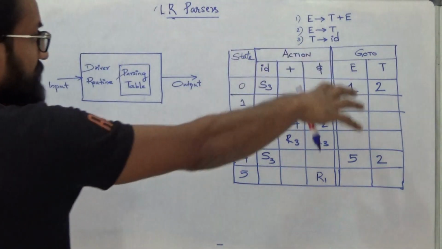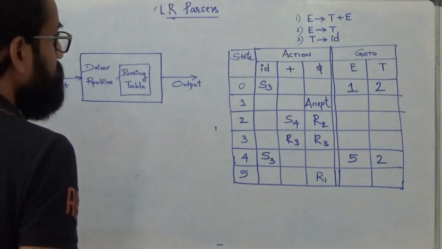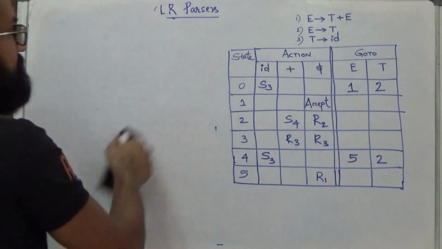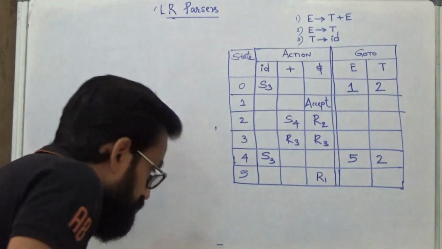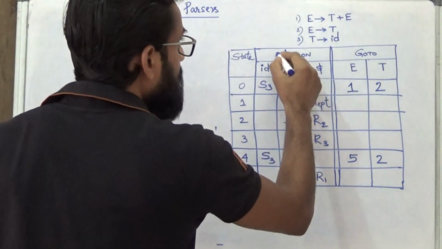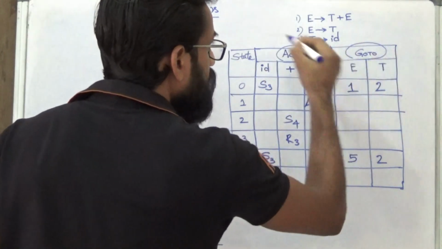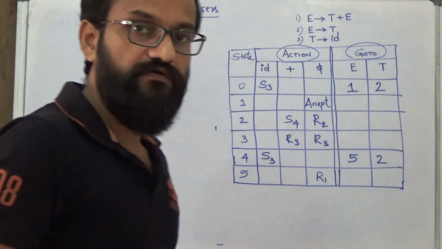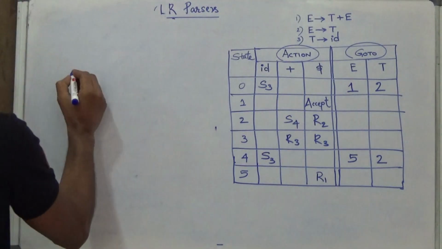This is the general structure of a parsing table corresponding to this grammar. The parsing table mainly consists of two parts: one is the action part and the other is the goto part. The parser performs any one of four actions.